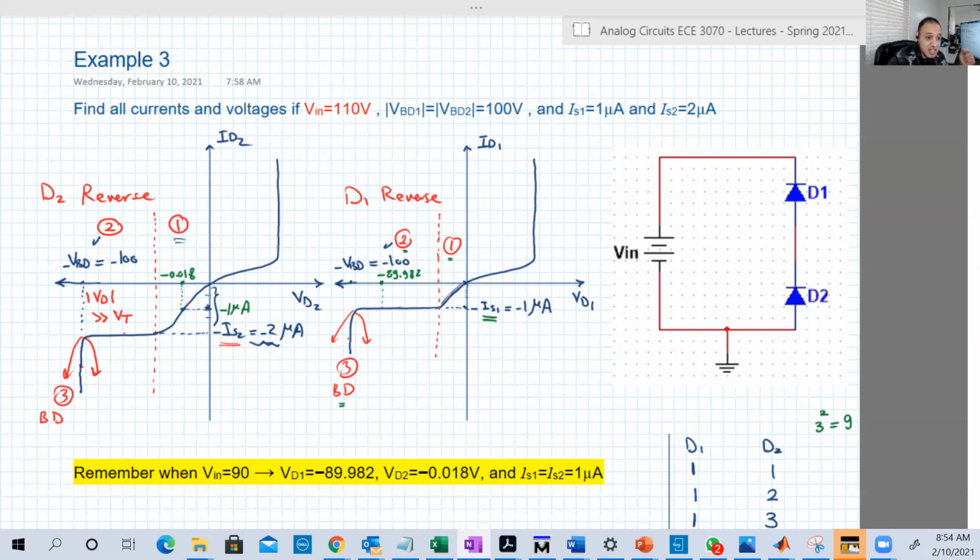It needs more than minus 99 volts to go into breakdown. D1 only needs around 11 volts more to go into breakdown. It's currently minus 89 something, so it needs only around 10 volts to reach breakdown. And we increased the input by 20.